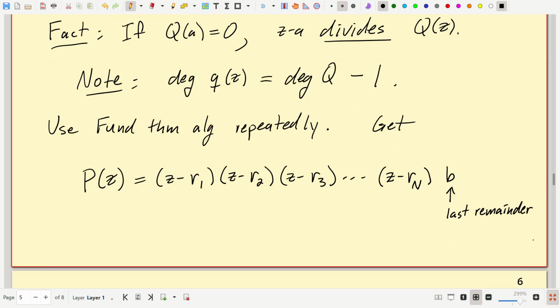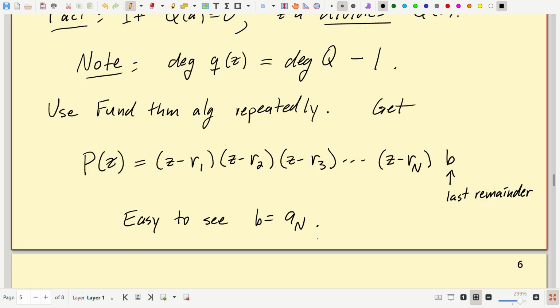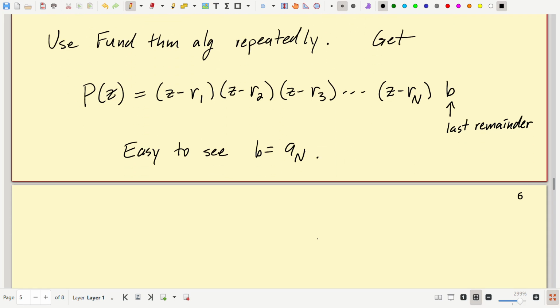And if I plug in, let's see, how would I see what the constant is? Well, I'd multiply it out, and you'd see that the z to the n coefficient would have to be b. So it's easy to see that b is a_n, just by multiplying that out and using induction. Okay, and it's okay if those roots repeat. So you can have repeated roots. So it's okay for some r's to repeat.